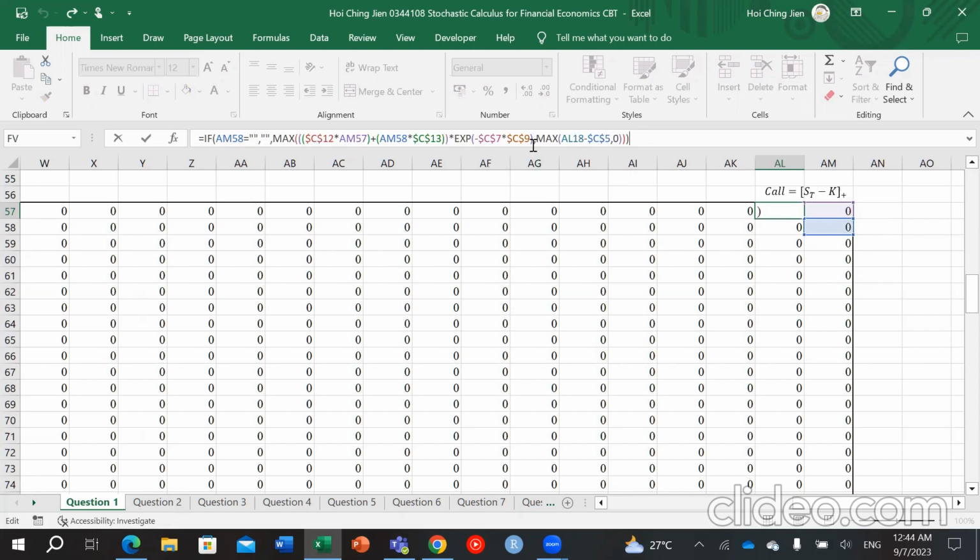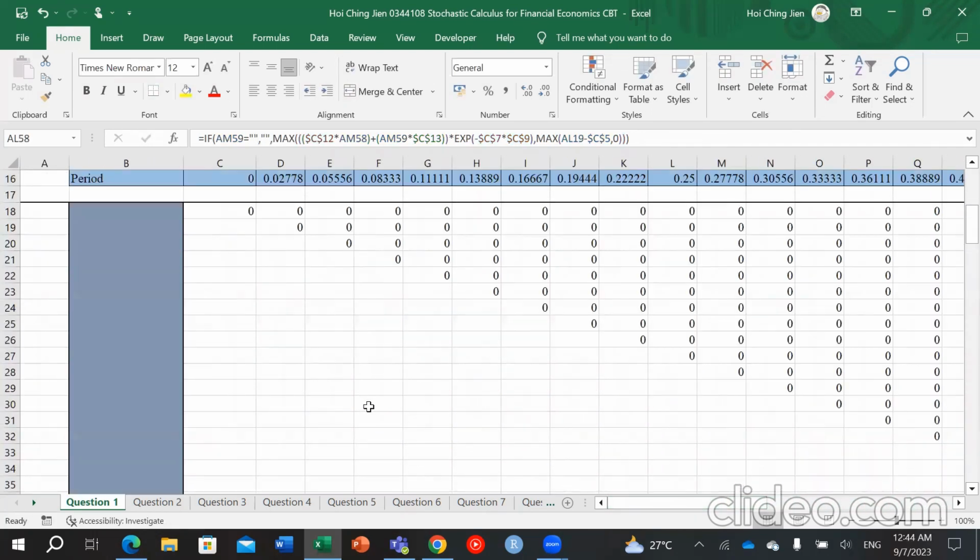And then we need to discount back, so we use the exponential power of minus R times h. But since it's an American option, we need to compare the discounted value and also the ST minus K for each period. Else, if the value is negative, we make it 0. And we discount it back all the way.